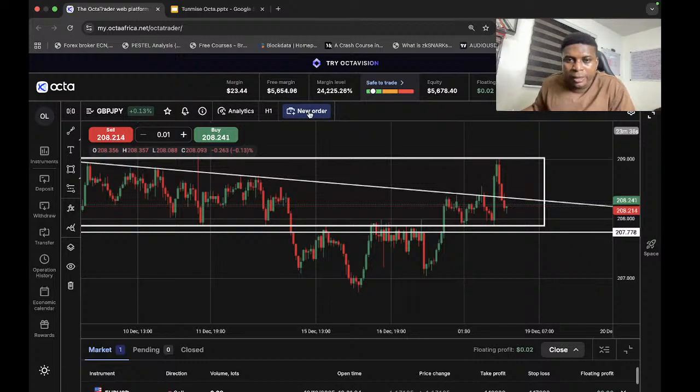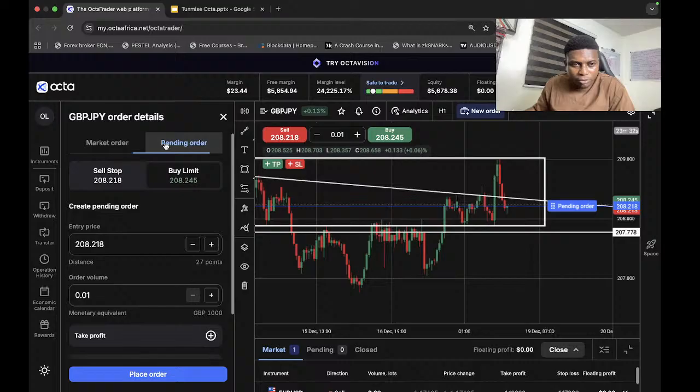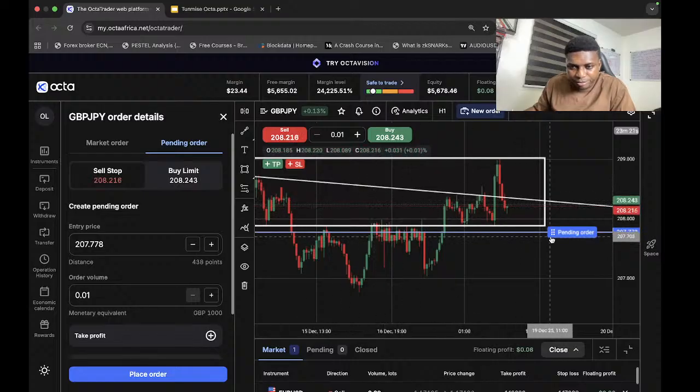So I'm going to go to new order. So I'm at new order now. So I come to pending order, and I move my price here. Okay, so it's a sell stop, using 0.2.